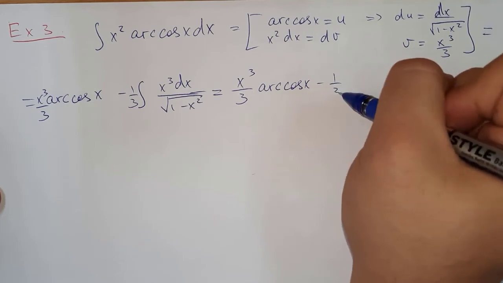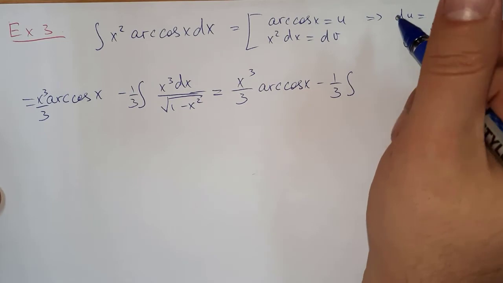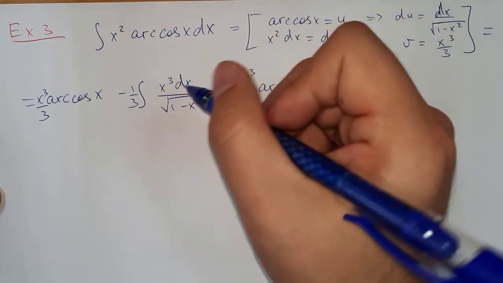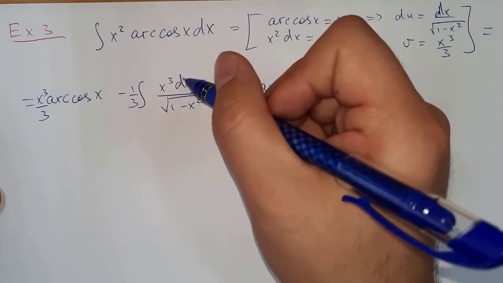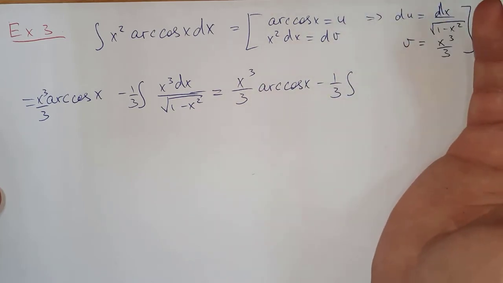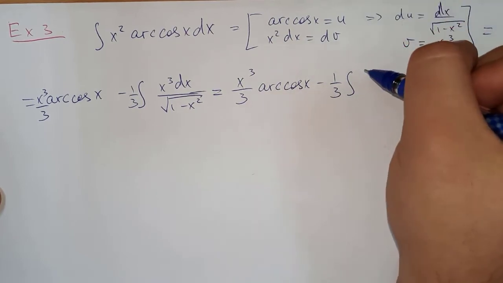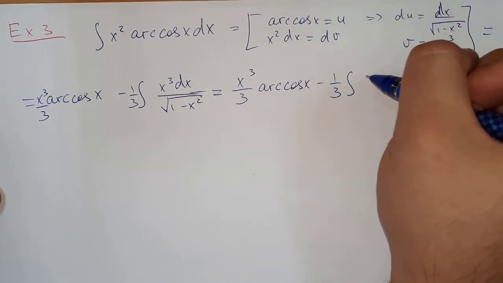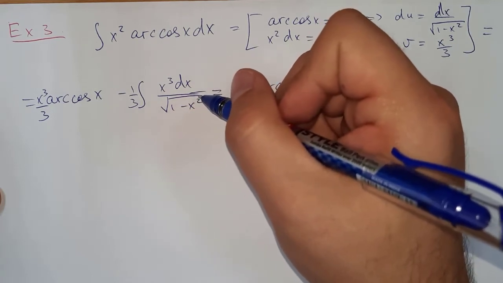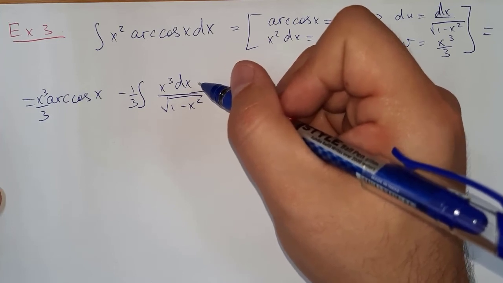minus 1 over 3. We can write this x cubed dx as... this one is 1 minus 1 over the square root of 1 minus x squared. We can write it in differential form. This is also the same as integration by parts, because if we write this in differential form, it will be x squared, because here we have 1 over the square root of 1 minus x squared.